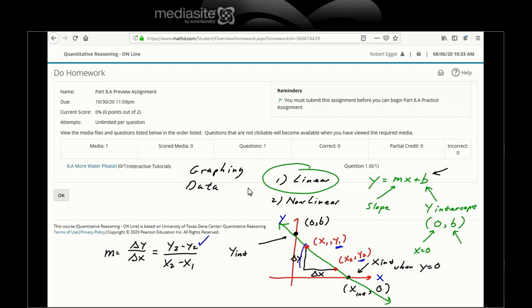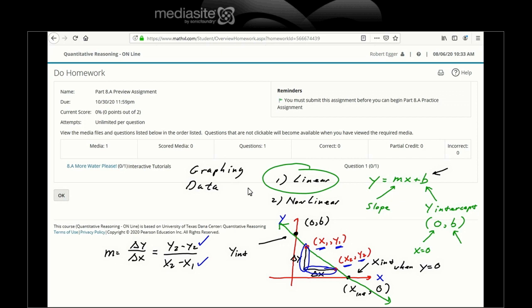That will give us delta y. My delta x is the difference between this value and this value, which will give us delta x. So that's basically the general background knowledge needed for doing these upcoming graphing lines.